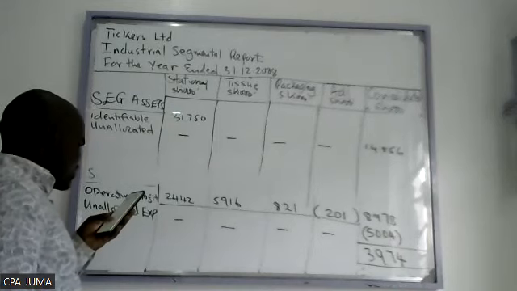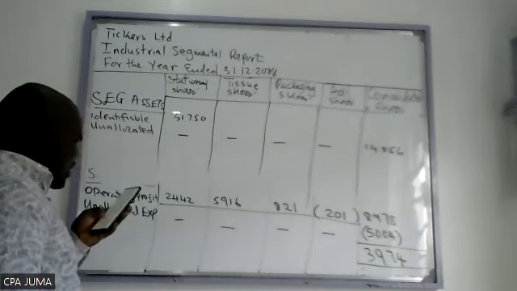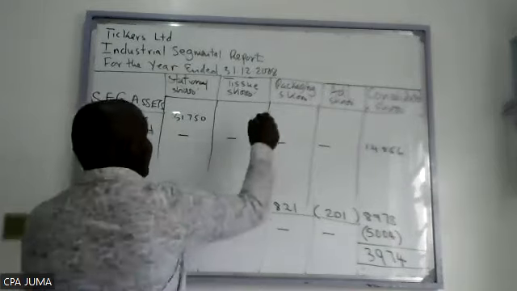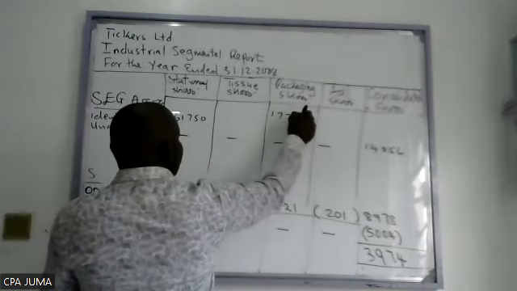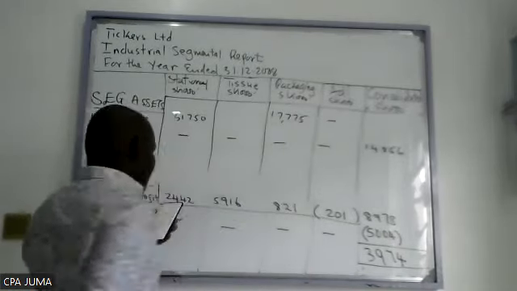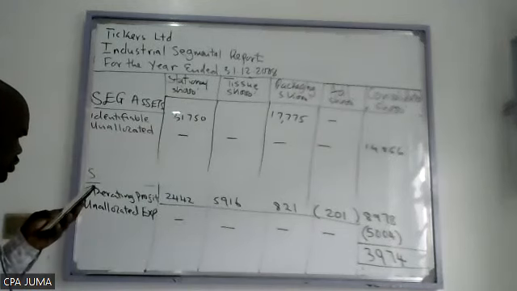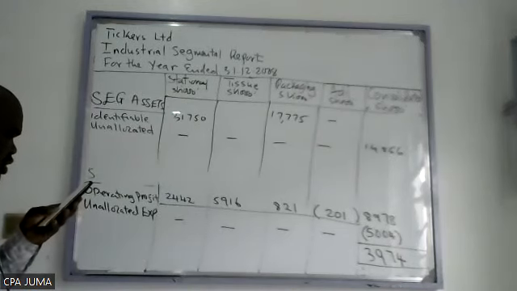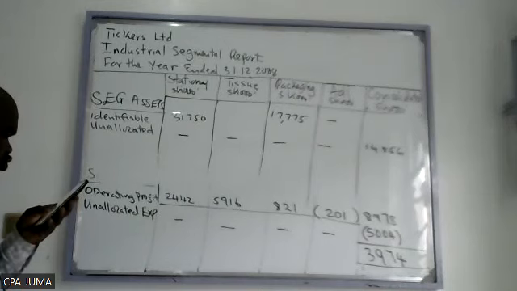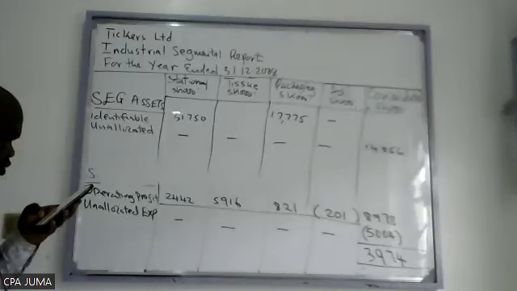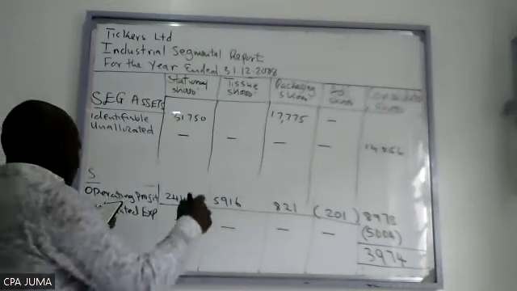Assets used by packaging: 17,775. I'm looking for now tissue. Assets used by the tissue division, confirm 44,620.